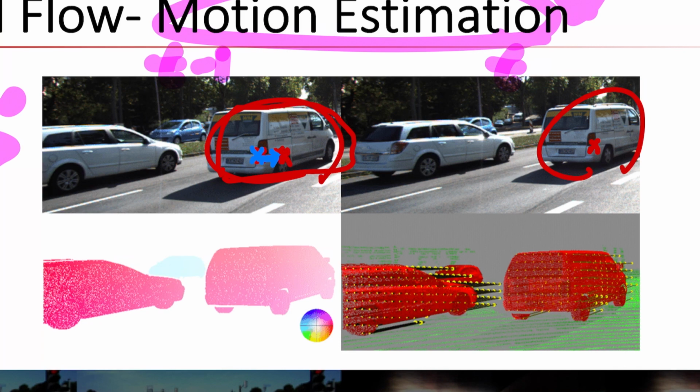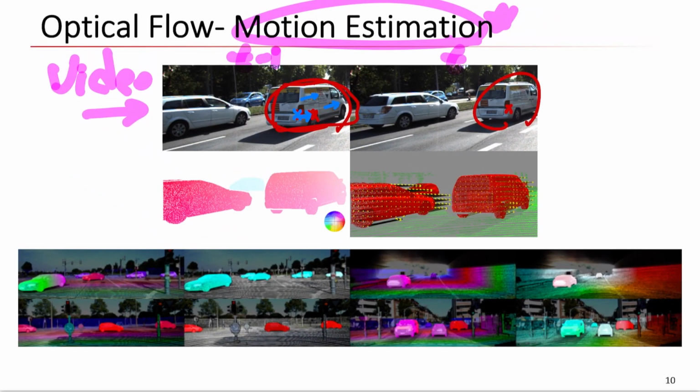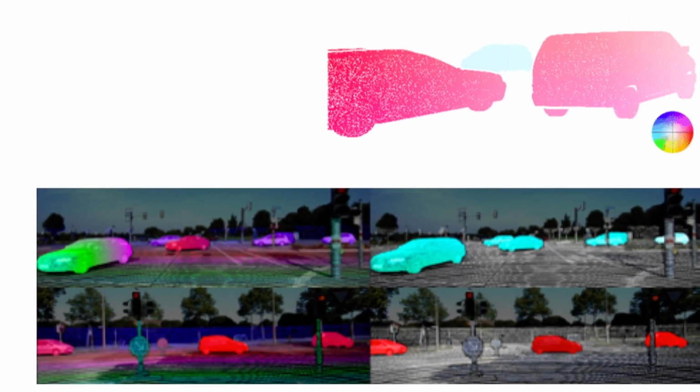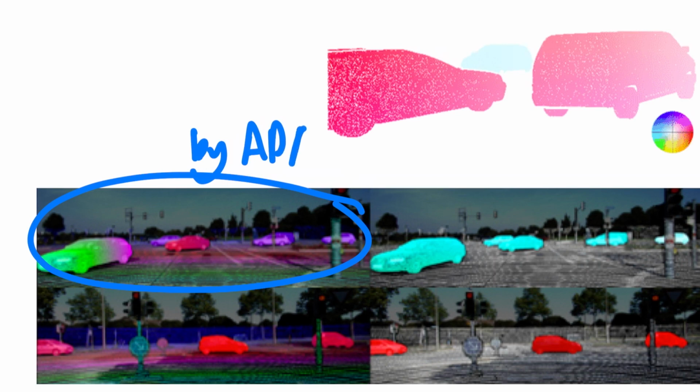So by finding out the movement or the motion between the t-1 image and the t image, we can estimate the motion information in the video, right? This is the goal of optical flow, or motion estimation. As you can see here, this is an image from ADAS.